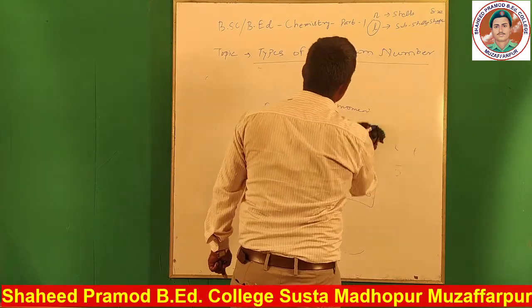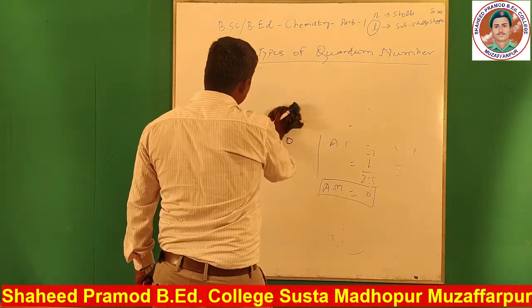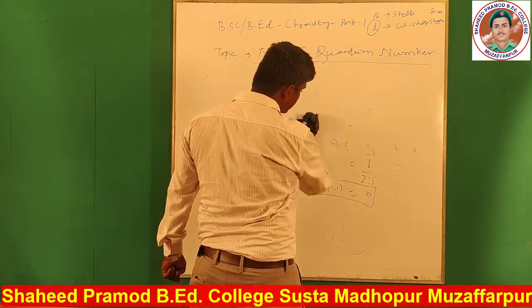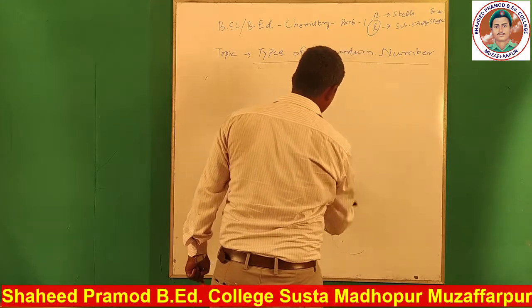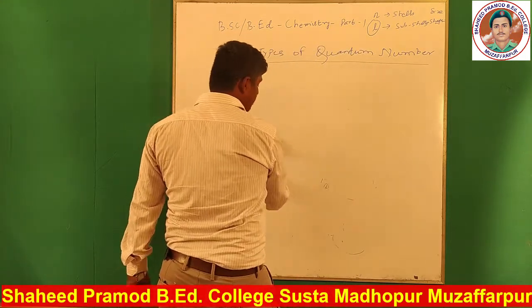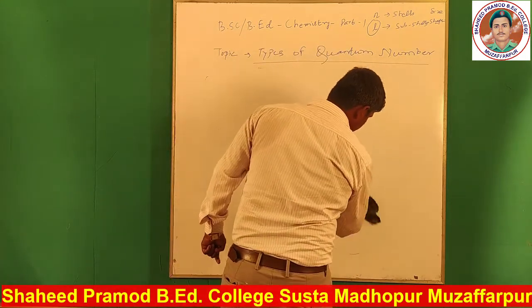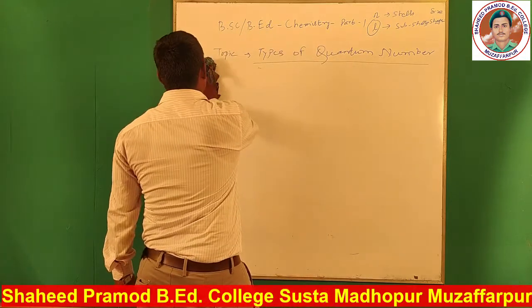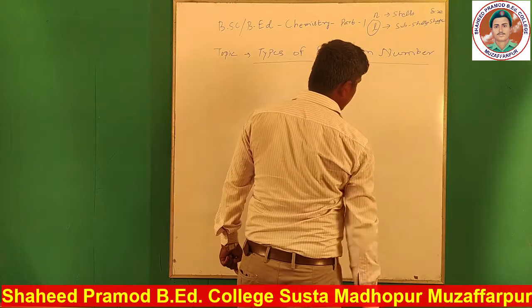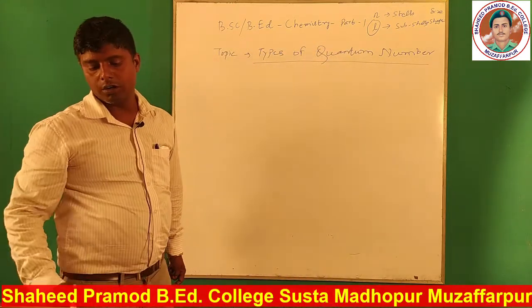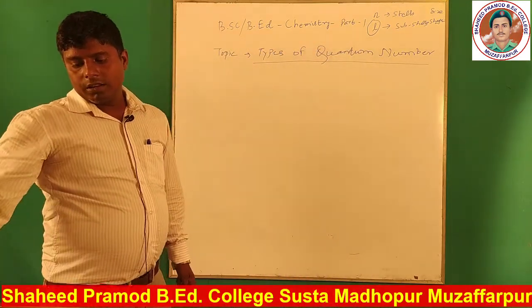Second is the details or location of subshells, and third, which is very important, the shape of the orbital present in the subshells. And you have to calculate the angular momentum related to the azimuthal quantum number.